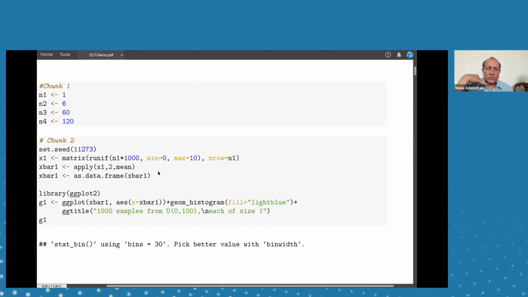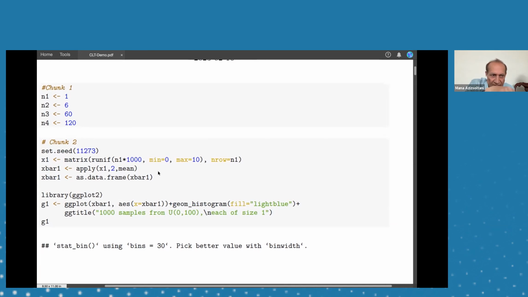So here in this code, we are running 4 sample sizes. Sample size 1, so that you're just getting a sample of size 1, 1,000 times, and then computing the sample mean and plotting the distribution, then increasing it to 6, 60, and then 120.